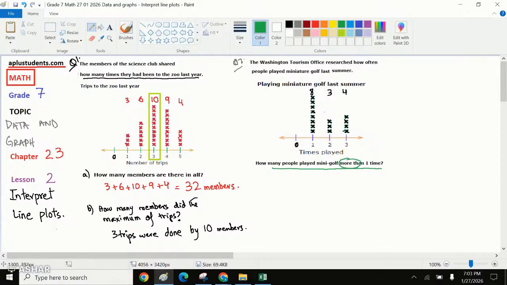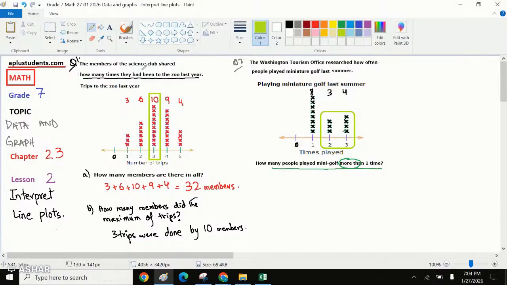That means, Michael, how many people are there who played more than one? More than one means we cannot consider one. We have to take the value they played twice or they played thrice, right? These values have to be considered. Okay. More than one means it could be 2 times or it could be 3 times.